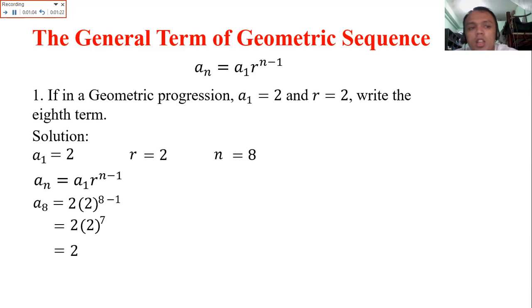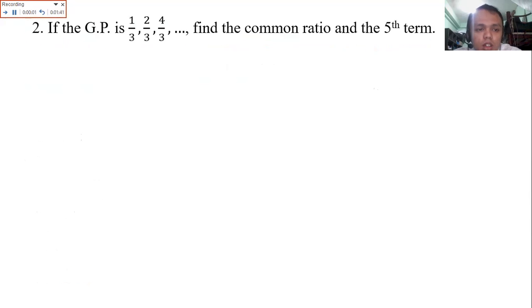That means we multiply 2 by itself 7 times: 2 times 2 times 2 times 2 times 2 times 2 times 2, and that is equal to 128. Then times 2 again, and your 8th term is equal to 256. So it's easy. Another one.